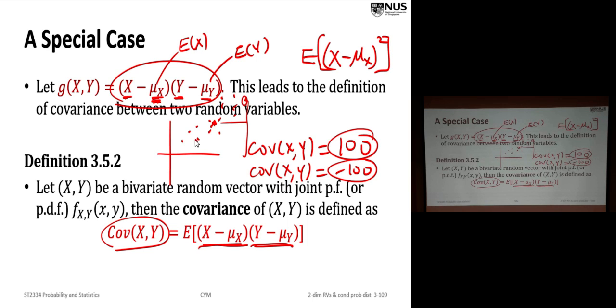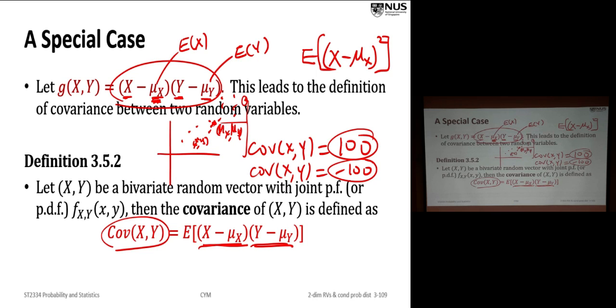For this point also, the x value is less than mu x, and at the same time the y value is also less than mu y. So the product will be positive. So the positive covariance tells you that x and y are going in the same direction.